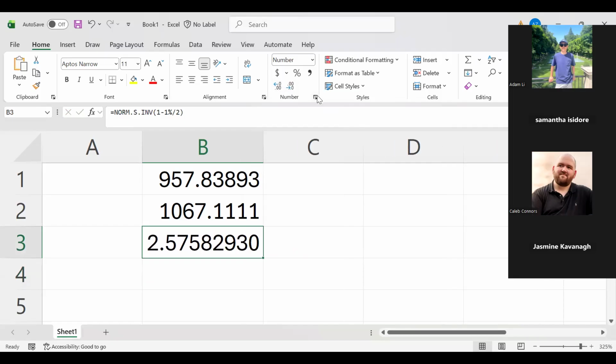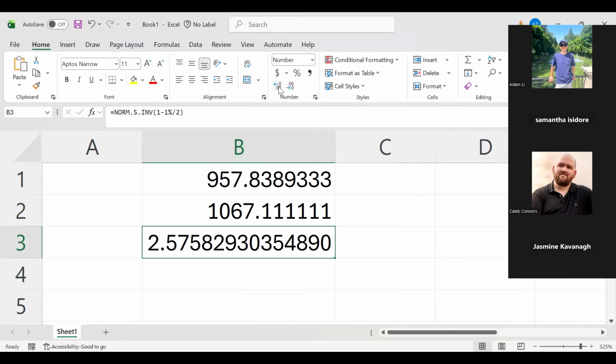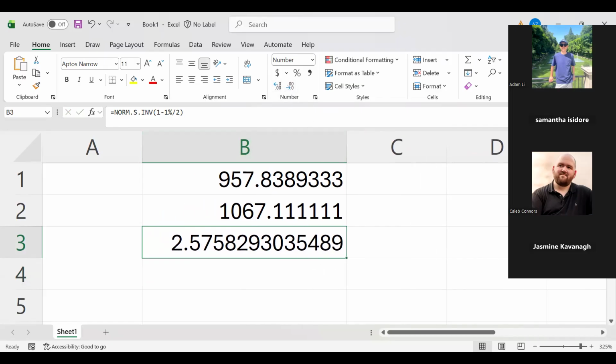If you're doing the actual project, a real project, you should use this number, as many decimals as possible. It should guarantee that your result is more accurate.